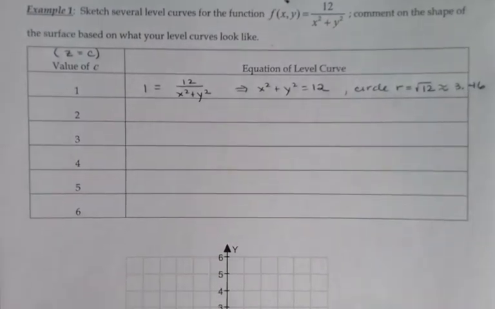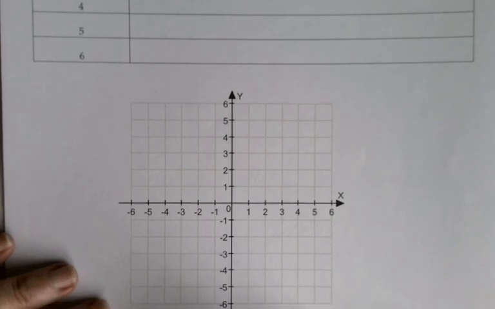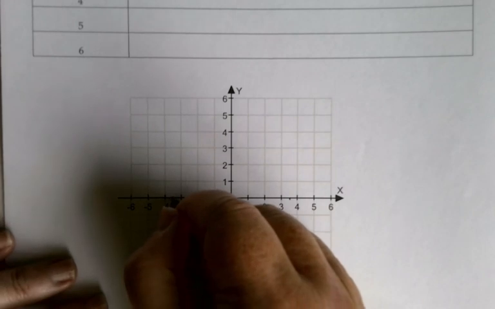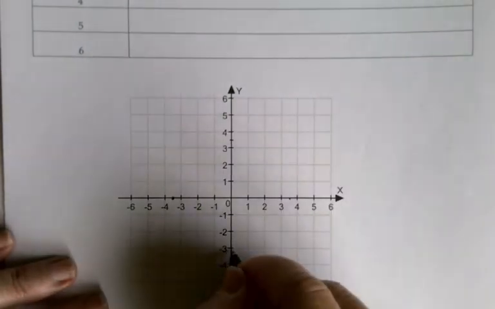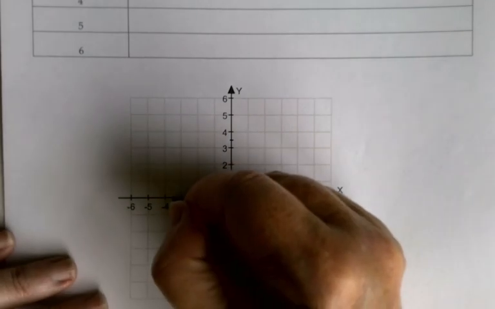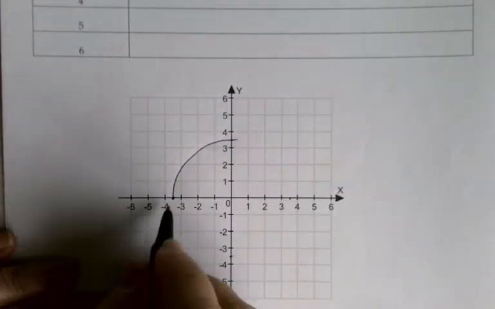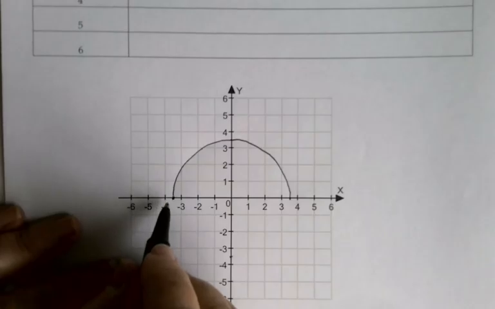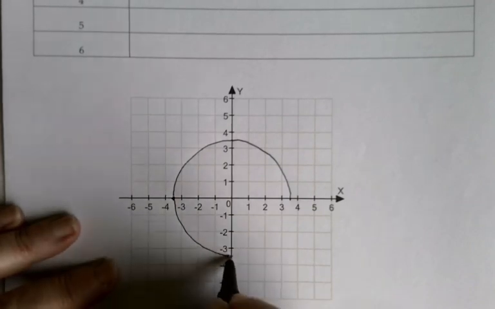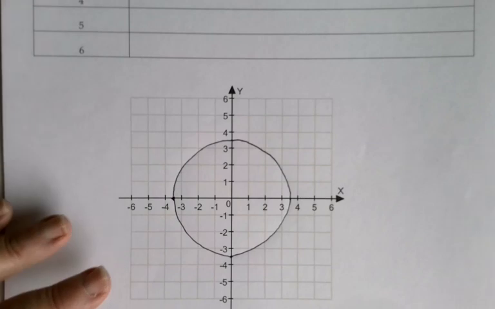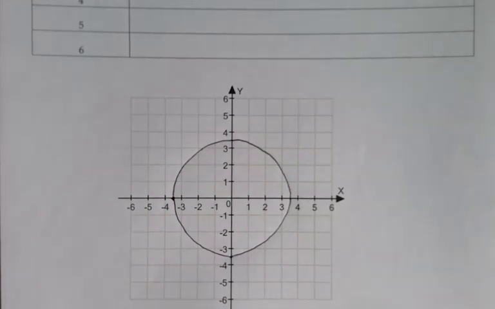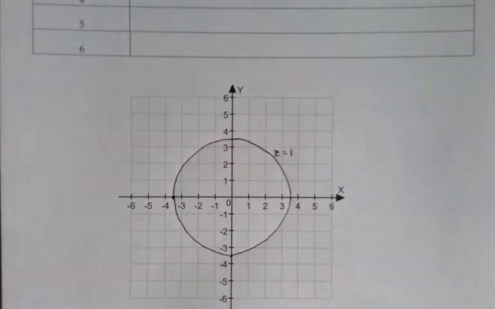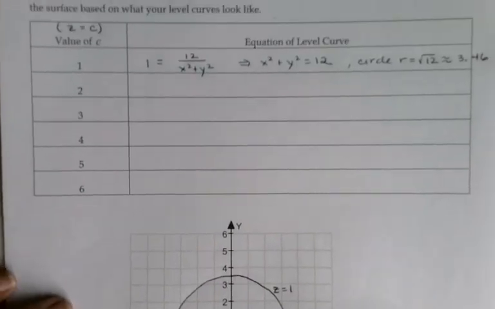So my first level curve is going to be a circle of radius roughly 3.5. Looking about like that. I'm going to label that z equals 1. It's a height of 1.